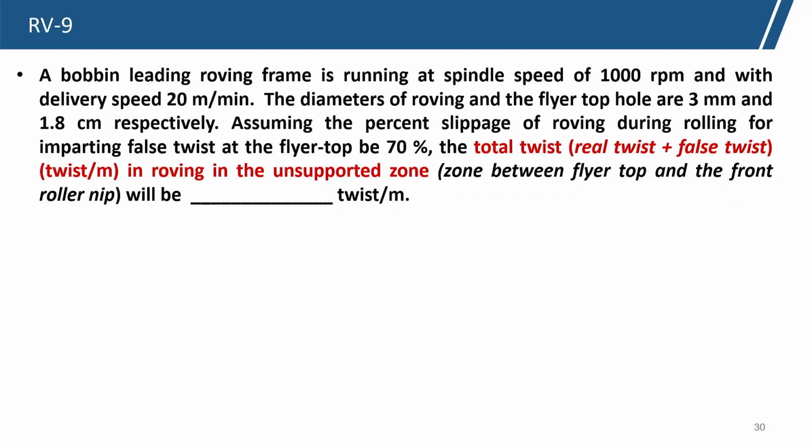Now, try to see here, a bobbin leading roving frame is running at a spindle speed of 1000 rpm with a delivery speed 20 meter per minute. The diameters of roving and the flat top hole are 3 millimeter and 1.8 centimeter respectively.